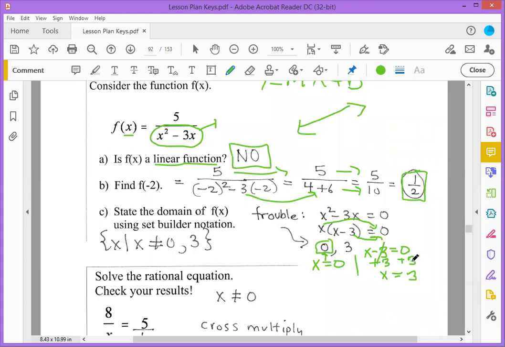And on the right side, 0 plus 3 gives us 3. So our two solutions are 0 or 3. Now, when x is 0 and when x is 3, our denominator becomes 0. So the limitations we write in set builder notation would be x values such that x is not equal to 0 or 3.